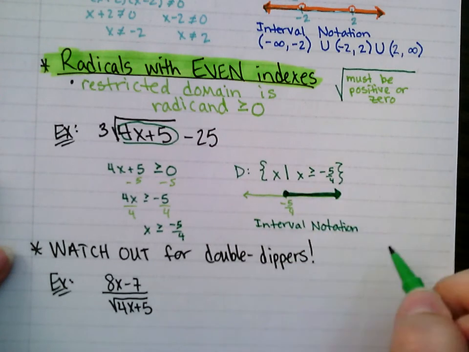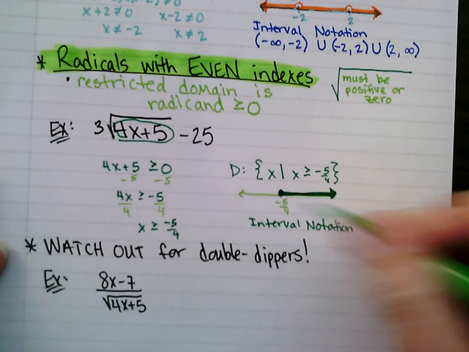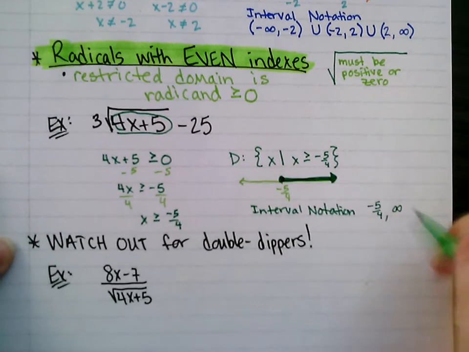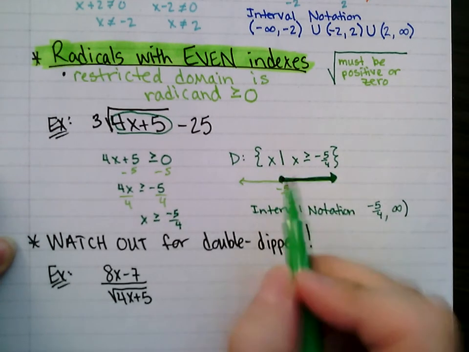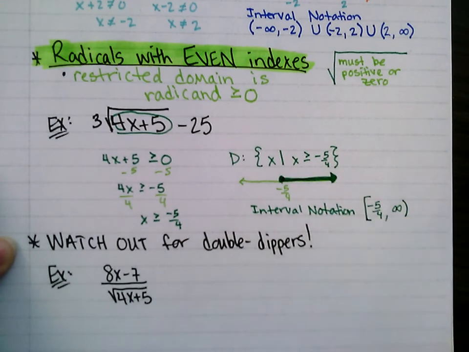We're going to list 2 numbers. I only have 1 shaded section, so I have 1 interval. My first number is -5/4. My second number is that arrow, infinity. Remember that every infinity gets a parenthesis, and then a closed circle is going to get a square bracket.